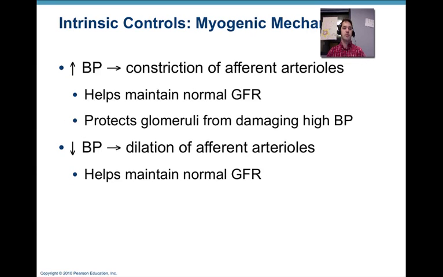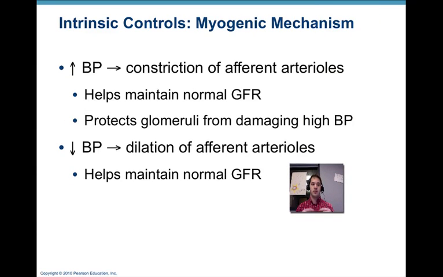So renal autoregulation uses a myogenic control related to the degree of stretch of the afferent arteriole. And so if the blood pressure is high and the afferent arteriole at the nephron is being stretched, remember with smooth muscle, when it's stretched, it tends to constrict.